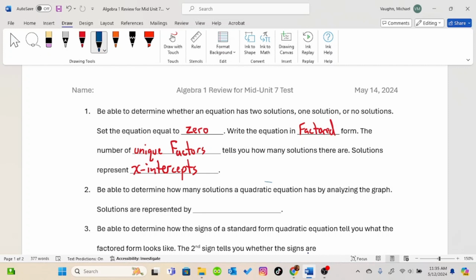Number 2, you need to be able to determine how many solutions a quadratic equation has by analyzing the graph. So if they give you the picture of the graph and ask you how many solutions it has, you need to remember that solutions are represented by x-intercepts.